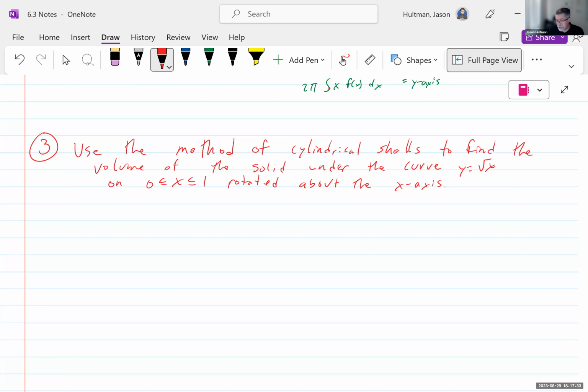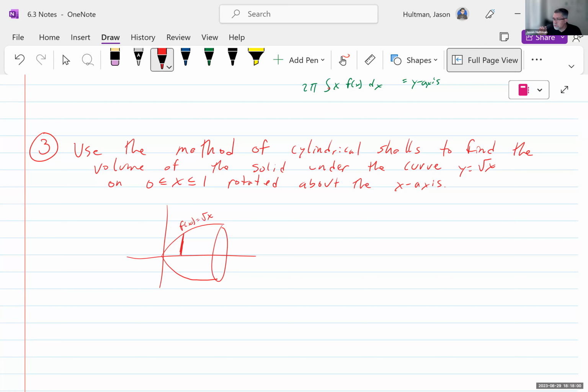Or basically it's a disk at this point, because there is no other function. Okay, it's just taking this and rotating it about the x-axis, right? Okay. So the radius is the f of x, and then we just rotate. Okay, so f of x equals radical x.